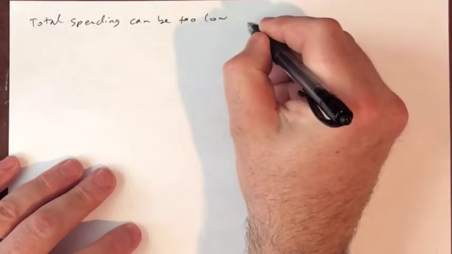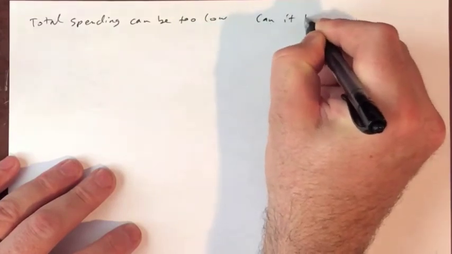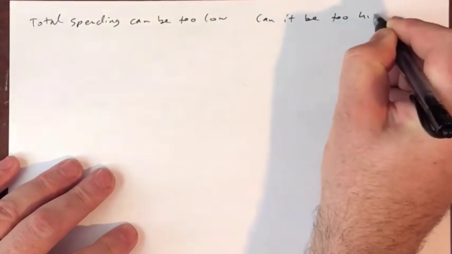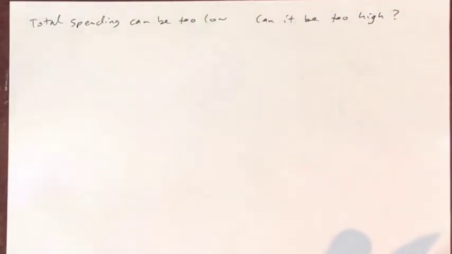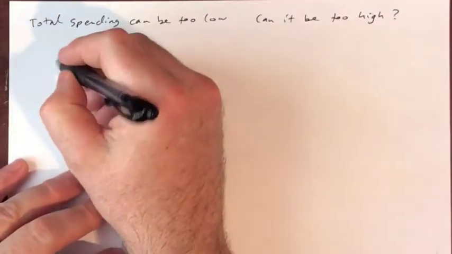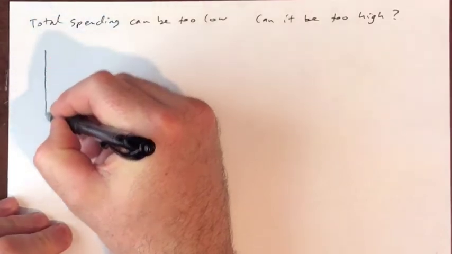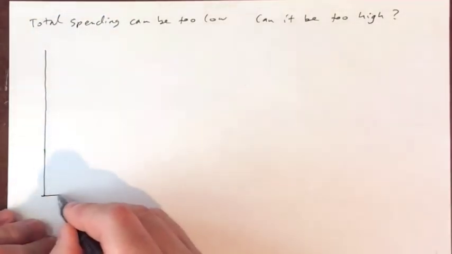Okay, so our next question is, can total spending actually be too high? What would that look like? Can we use the aggregate expenditure model to show it? We can. If it's too high, we get the opposite type of problem.